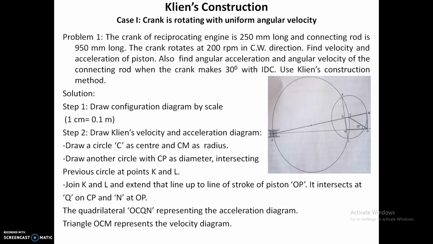From these given values, the unknowns are the linear velocity and linear acceleration of the slider, and the angular velocity and angular acceleration of the connecting rod. For that, you have to apply Klein's construction method. Now let us see the solution.